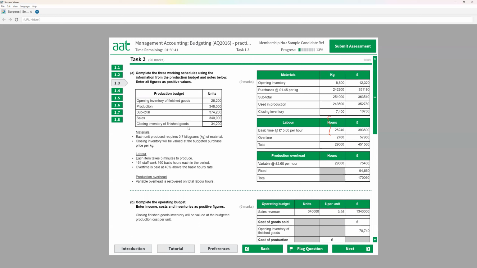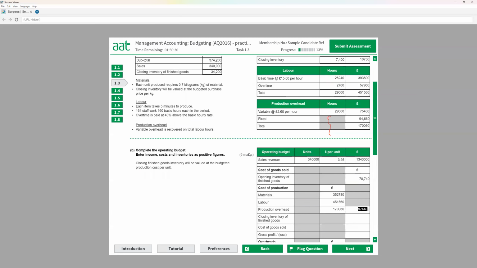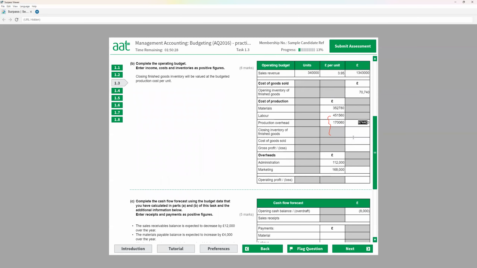So 2.8 multiplied by the closing inventory of finished goods, that is 34,200. So this is my closing inventory. I need to just multiply that and write it down. So 2.8 times 34,200 gives me 95,760.